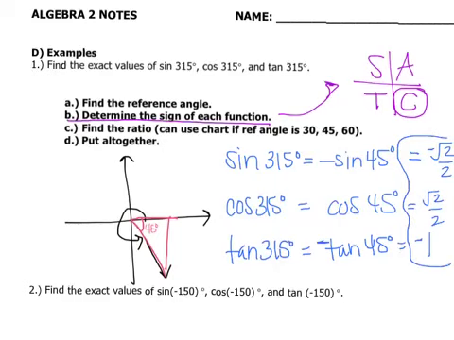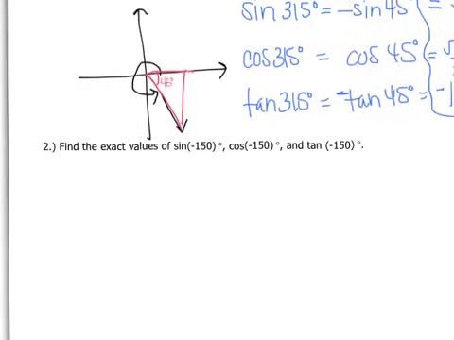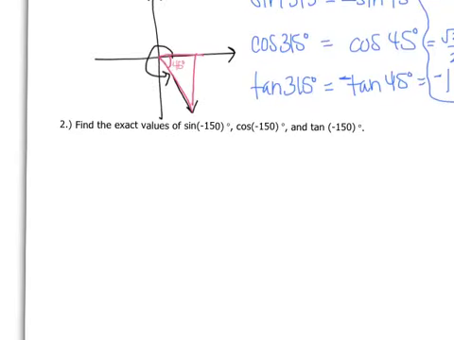Okay. Let's do one more. Find the exact values of sine, cosine, tangent of negative 150 degrees. So if you need to, draw your picture. Negative 150 is going to be going this direction.